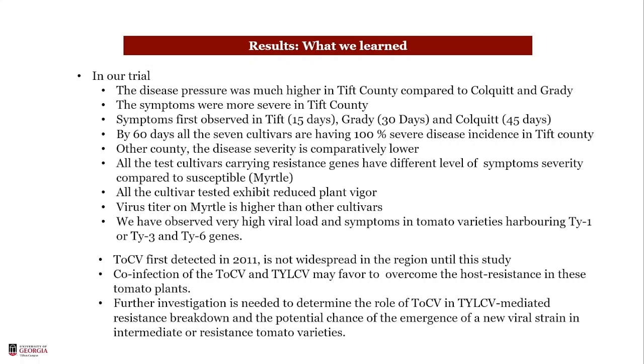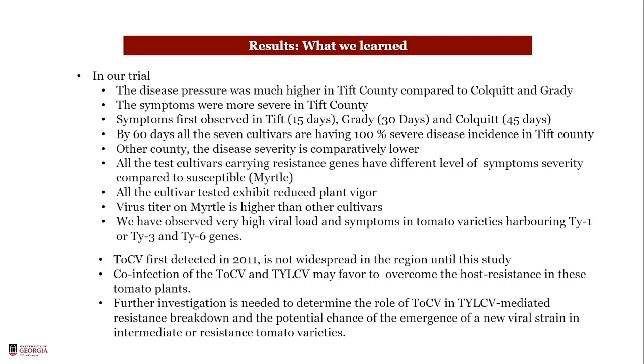ToCV was first observed in 2011, and now it is widespread in Georgia, and it has also been reported from other parts of the US. Co-infection: based on this study and some other studies recently reported in 2020, we suggest that the presence of ToCV is helping the virus break down the host resistance, whether it is Ty-1.